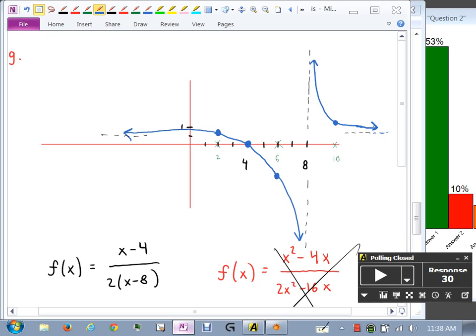Hole. So what about this hole? That's right. We don't want to forget about the hole. It's the very last thing on your list here. Don't forget the holes. We said we had a hole at x equals what? 0. In my graph, the way it looks right now, it appears that my graph just goes through and I have a y-intercept, right? I need to come in here and somehow show you that that's going to be a circle, like a hole.